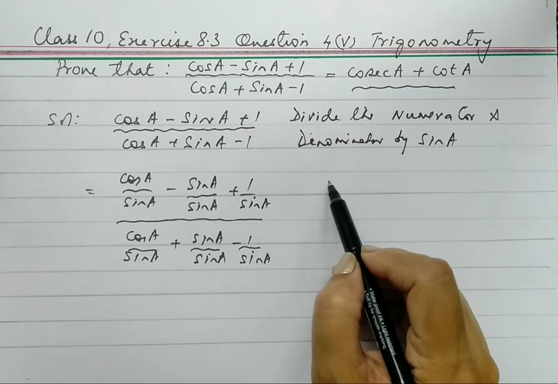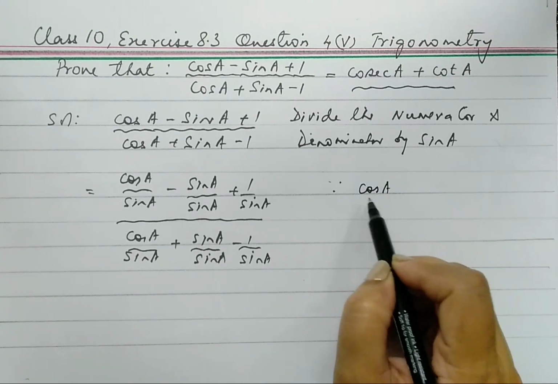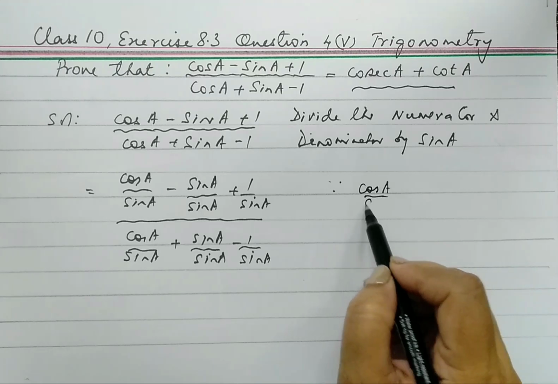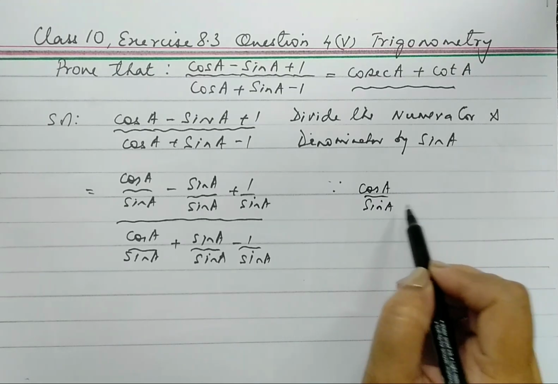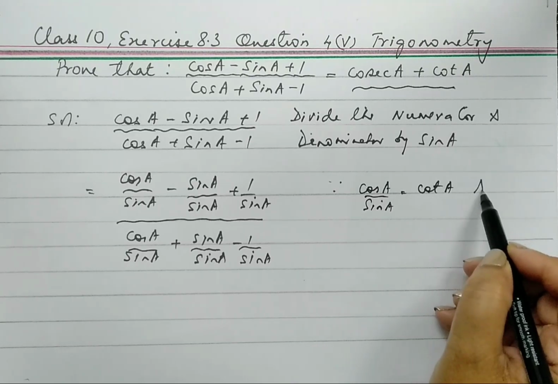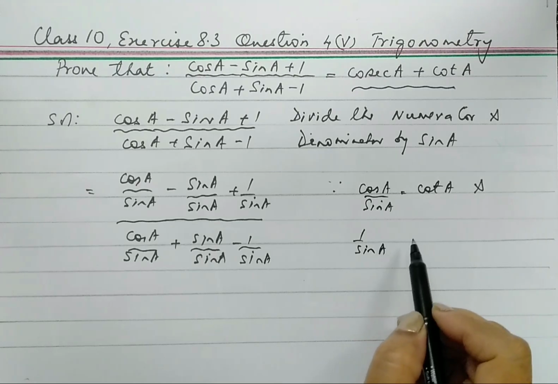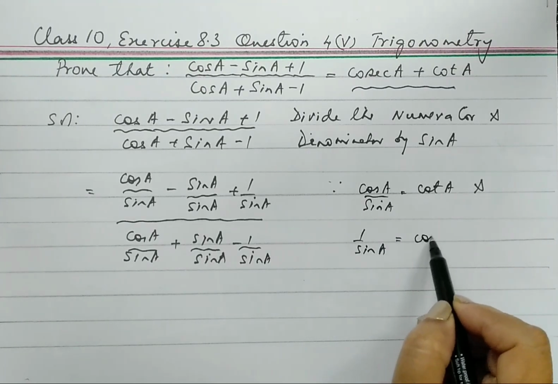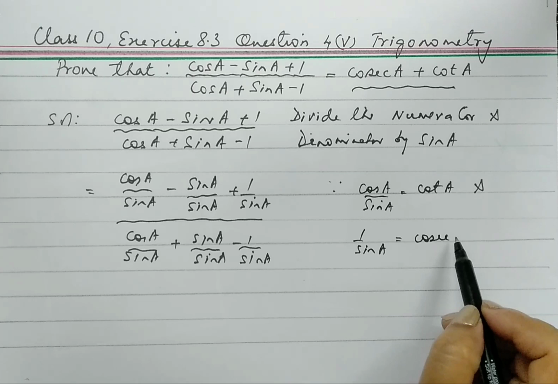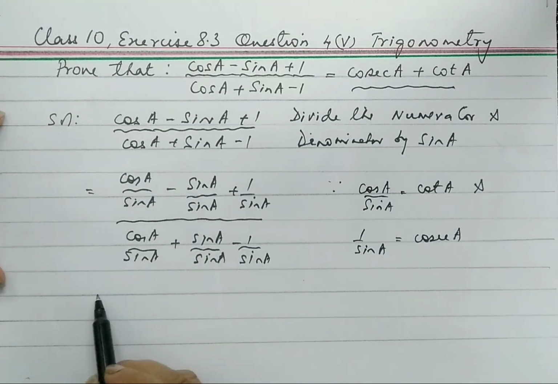Since cos A over sin A is equal to cot A and 1 upon sin A is equal to cosec A, right?